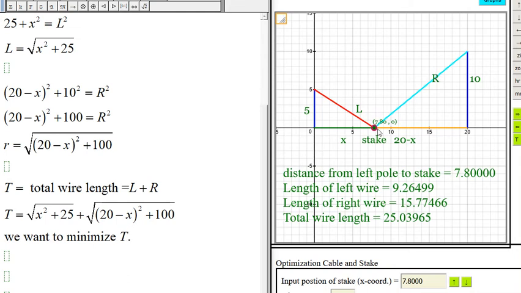And so we have seen that as X moves, then the total wire length also changes.